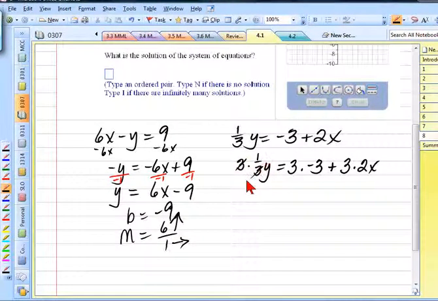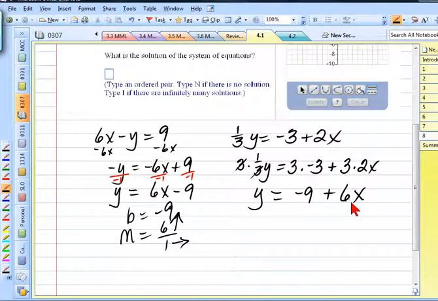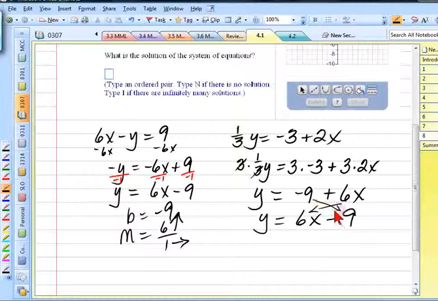When I multiply the 3 times the 1/3, the 3's divide out, and I get y is equal to -9 plus 6x. Now, that's not the correct slope-intercept order. I need to swap positions with these two terms. So y is equal to 6x minus 9. The 6x went over here, and the -9 went over there.